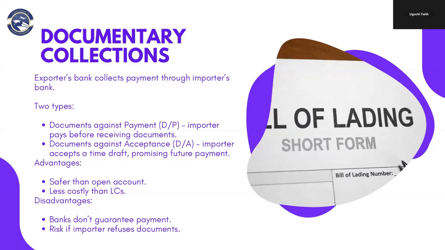So how does document against payment work? For open accounts, you just say this is the contract. Both of you will sign the contract and all that, but it is when the container gets to the buyer that the buyer gets to pay you, the exporter. When you load a container on a vessel that is going to the port of destination where your importer is, the shipping company will give you the bill of lading for that container.